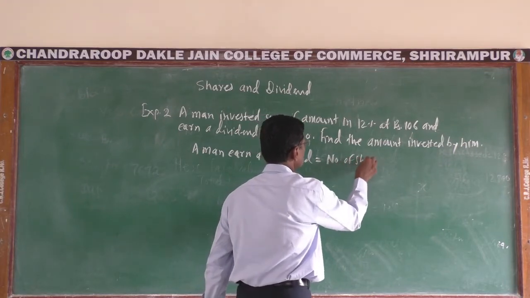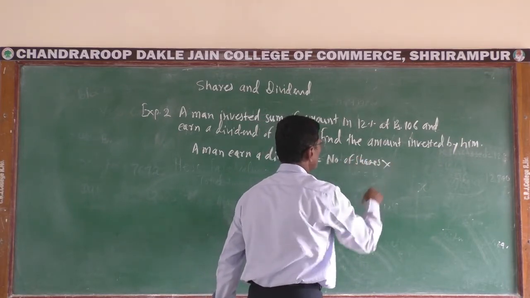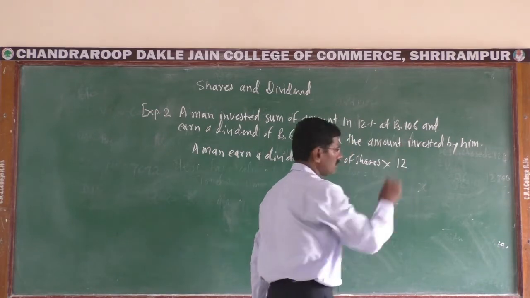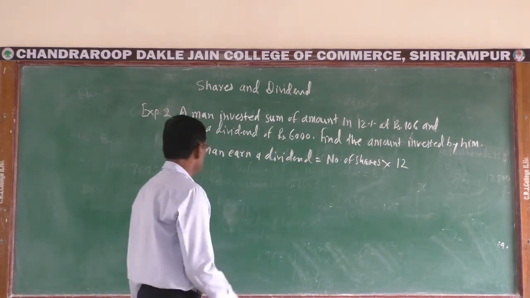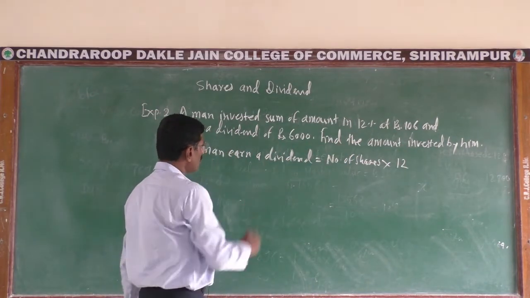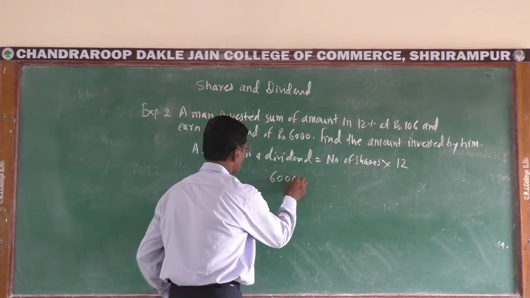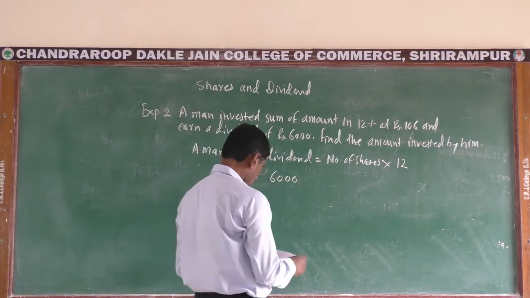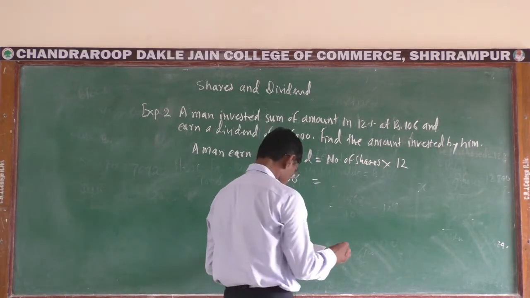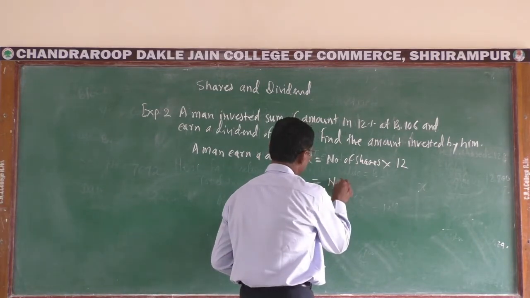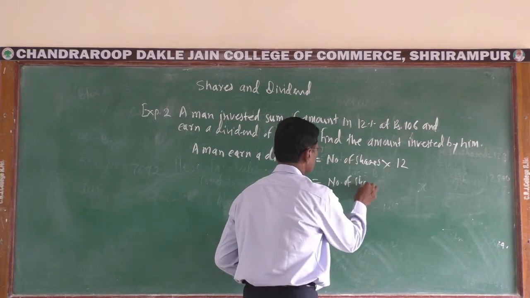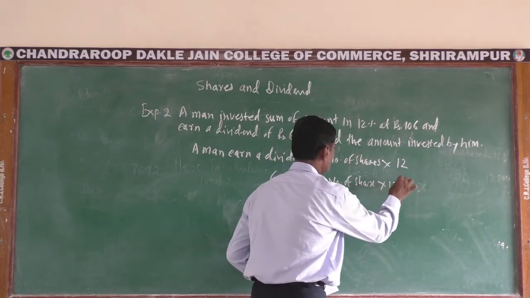Man earned a dividend of rupees 6,000. It means 6,000 is equal to number of shares into 12.